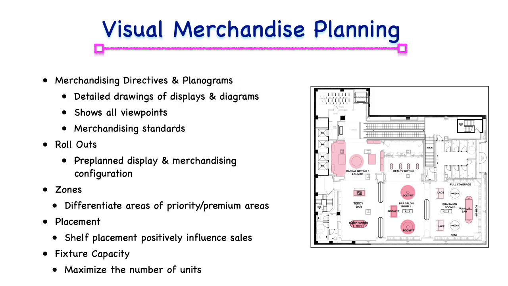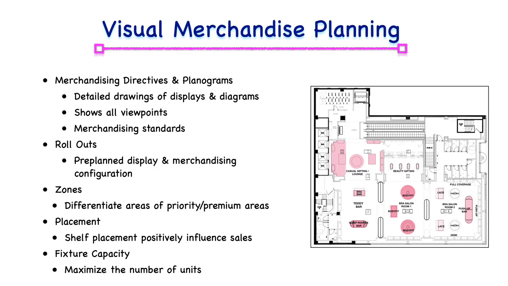Visual merchandise planning. So, merchandising directives, planograms, and visual standards are developed by the visual merchandiser and the store planner. This information is then disseminated to all stores so that they can use it during the setup to ensure that they have a consistent brand image.